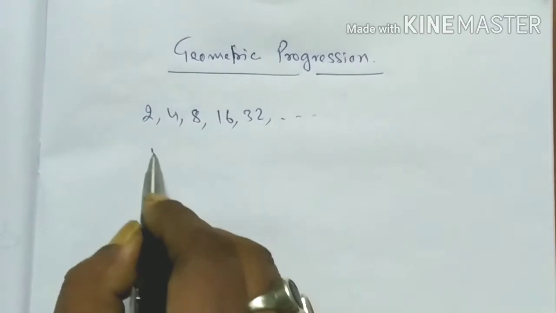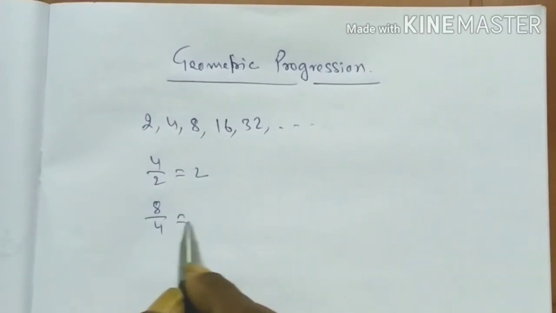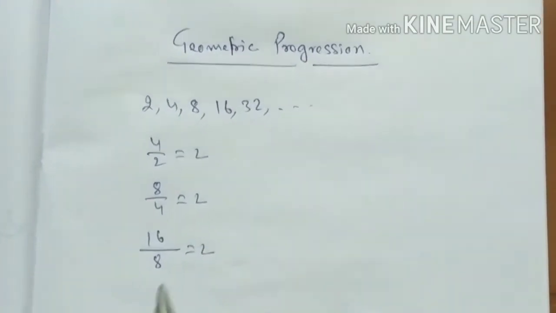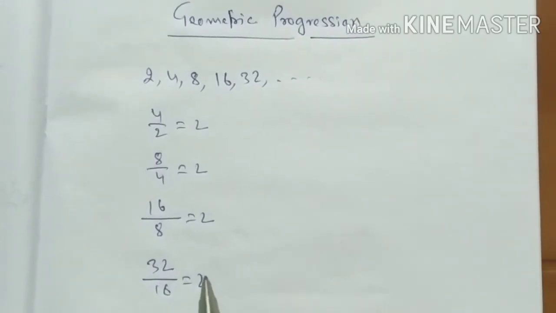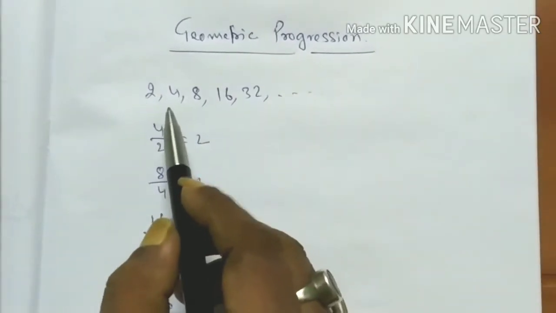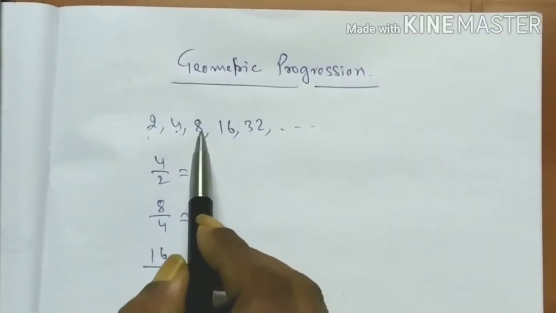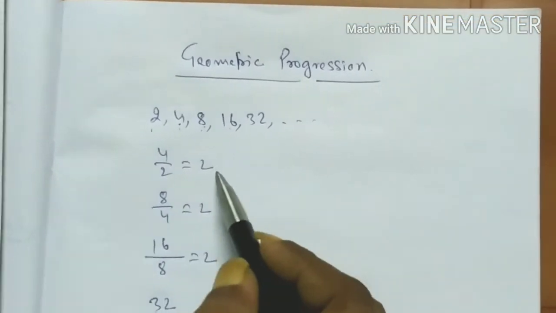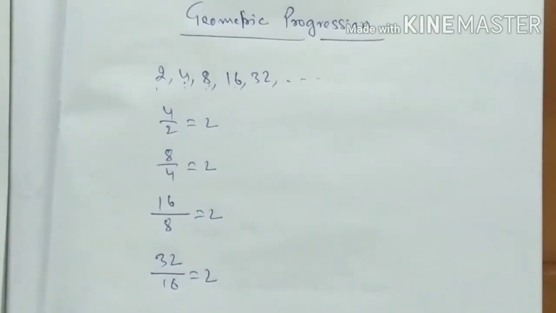Here you see this: 4 divided by 2 is 2, 8 divided by 4 is 2, 16 divided by 8 is 2, 32 divided by 16 is 2. When we divide the second by the first, the third by the second, the fourth by the third, I find that there is a constant, that is 2, 2, 2.